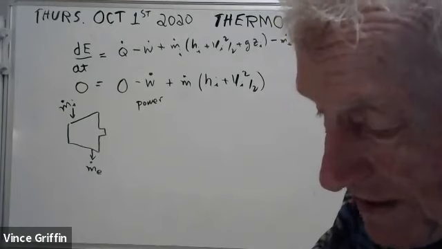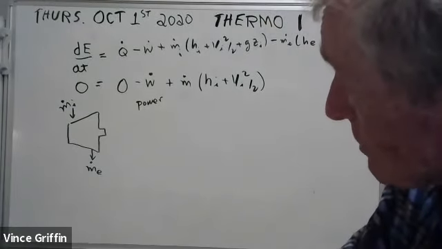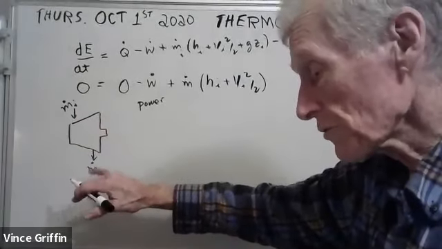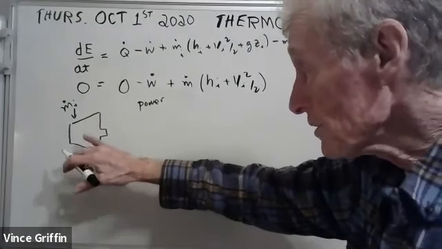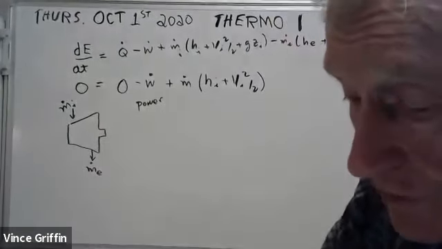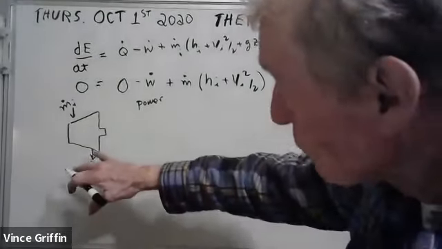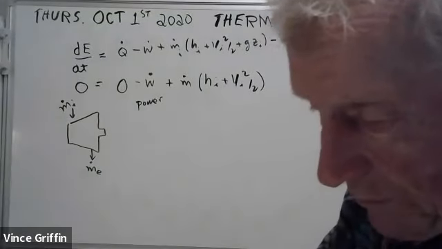Nothing's changing with time. Now, stuff changes with location. You'll find with turbines, they're kind of like throttles and nozzles. The pressure here will be lower. The pressure changes with location, but not with time. Whatever the pressure is coming out, an hour later, it's the same.